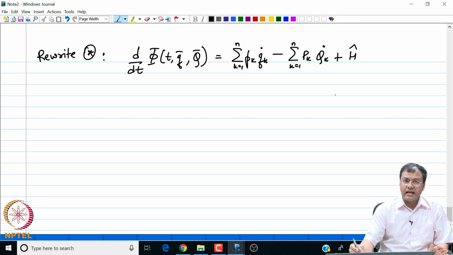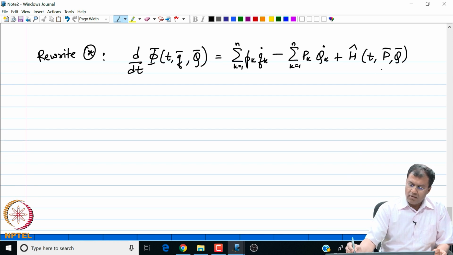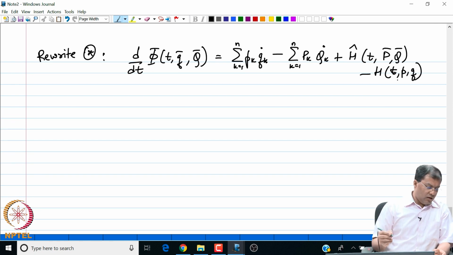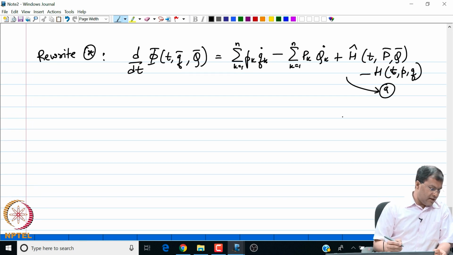I have just rearranged all the terms here, plus h hat of p comma q minus h of t comma p comma q. Let me call this relation A.